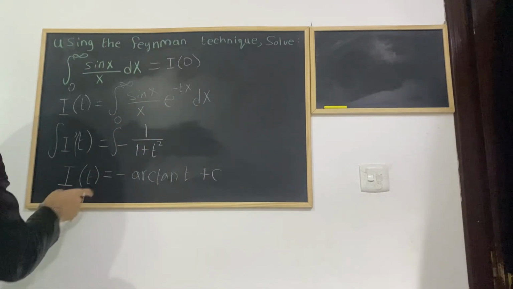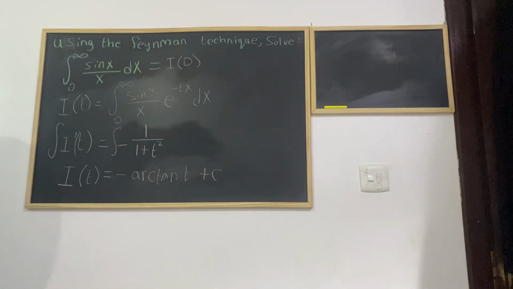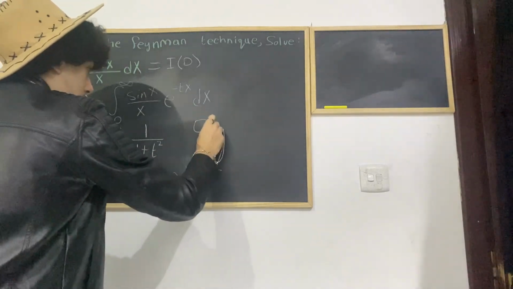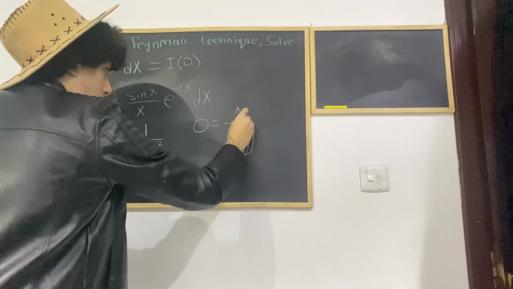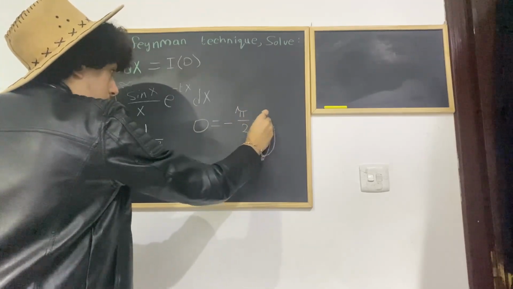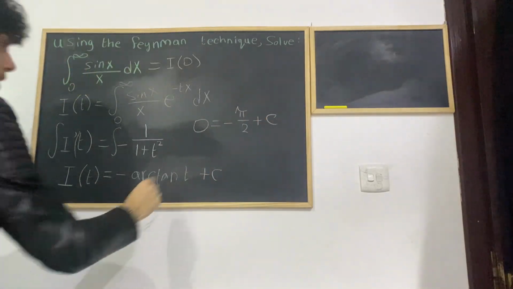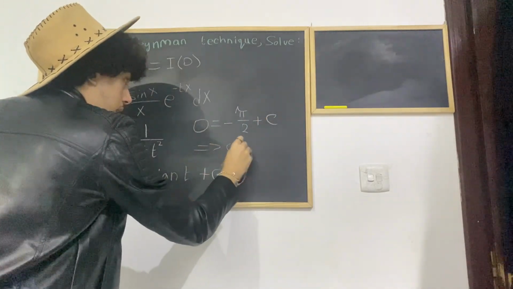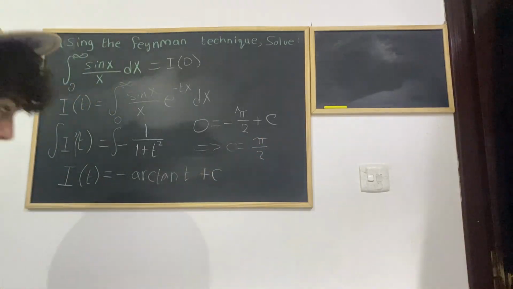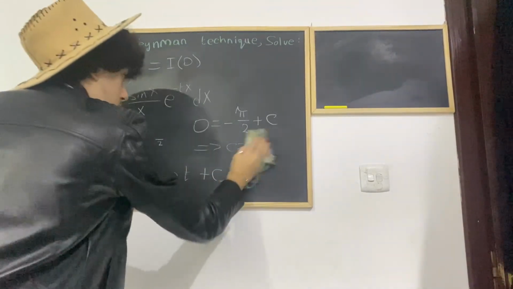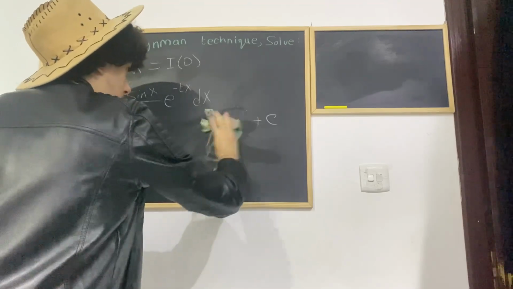So if we equate both of them, and this time we let t approach infinity, we get that 0 is equal to negative pi over 2 plus c. And this implies that c is equal to pi over 2. So let me substitute that into our equation.